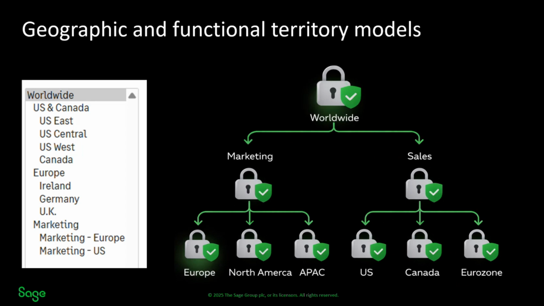And what happens is that very often real systems end up using a hybrid model that combines both geography and function. If you think about all the different ways in which you can imagine territories being structured, you could have as well the concept of a territory based on industry sectors or verticals.